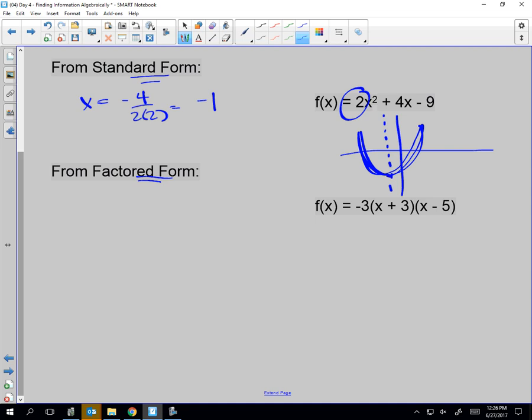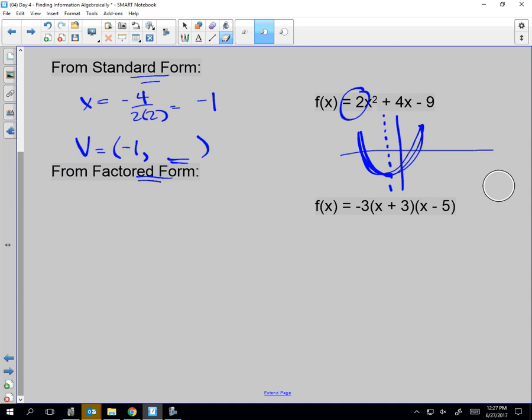Okay, axis of symmetry is part of the vertex. It's the x value of the vertex. So now my vertex is half done. I have the -1 for my x value. Now I just need to know what y is. Okay, so if we have an x, how do we find a y?